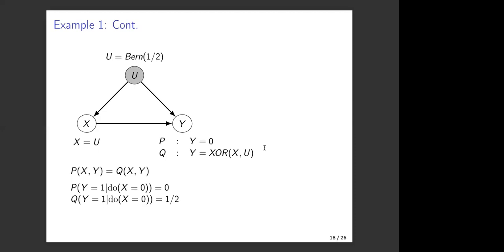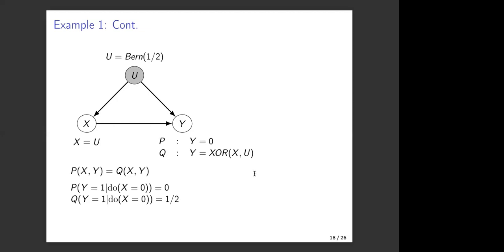X equal to 0 and Y equal to 1 doesn't happen, because Y is set to 0 in P, and in Q, Y is nothing but the XOR of X and U, so when X and U take the same value, it is 0. So you can calculate this.